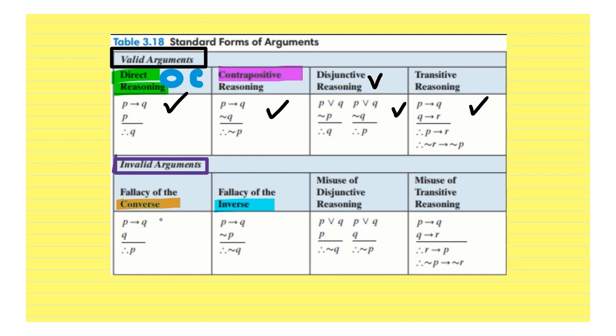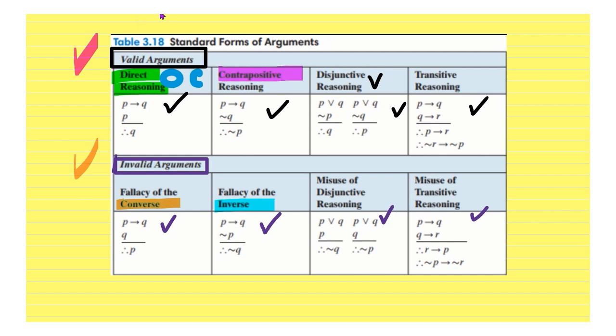And of course, here we have it's invalid by converse, by reason of the fallacy of the converse. It is an invalid argument by reason of the fallacy of the inverse. And then there's misuse of the disjunctive reasoning and misuse of the transitive reasoning. But that's the thing, all of these are valid on top and all of these are invalid on the bottom.